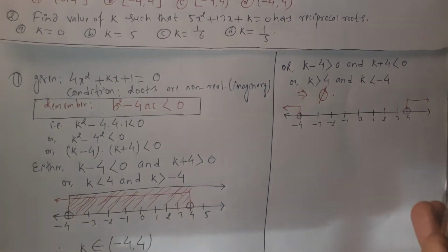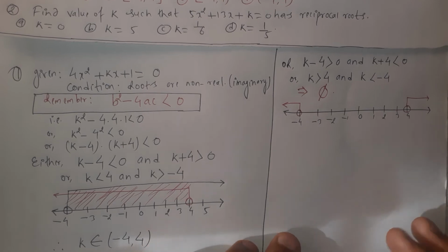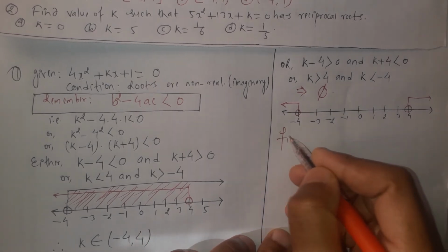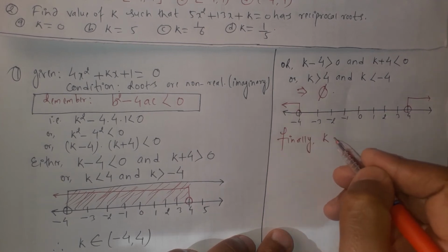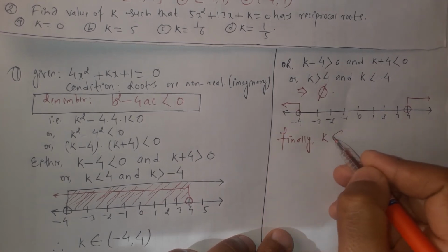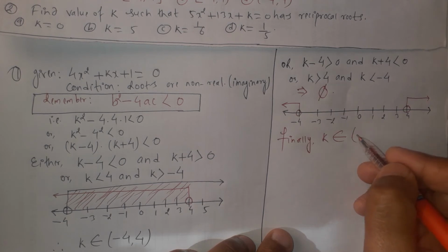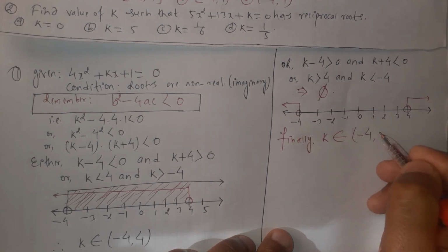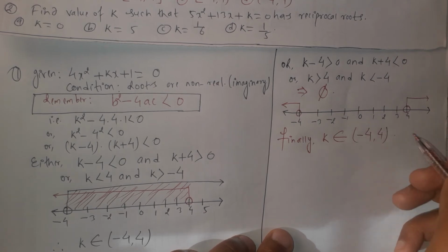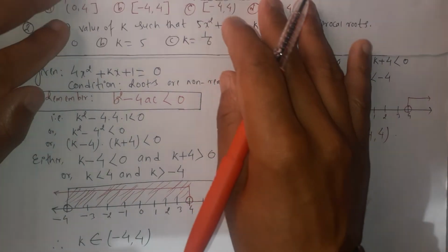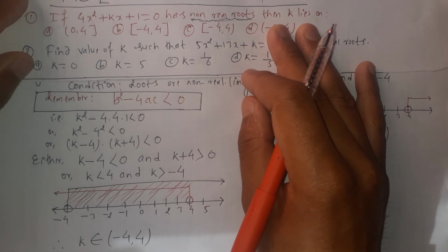Therefore, finally we calculated the possible value for k. The value of k is in the interval between negative 4 and positive 4. This is the final answer for this question. And in the question, which option is correct?